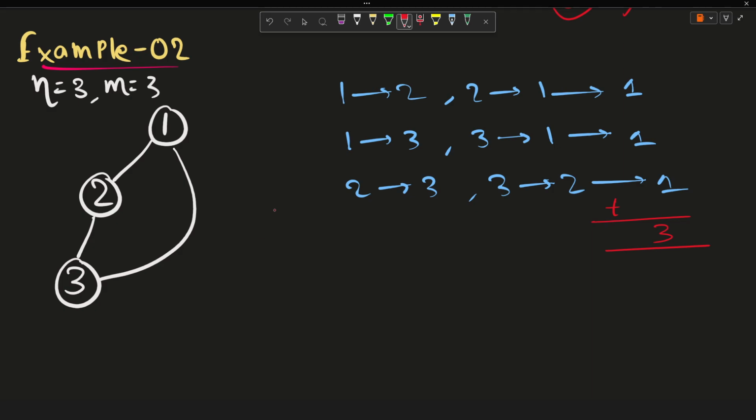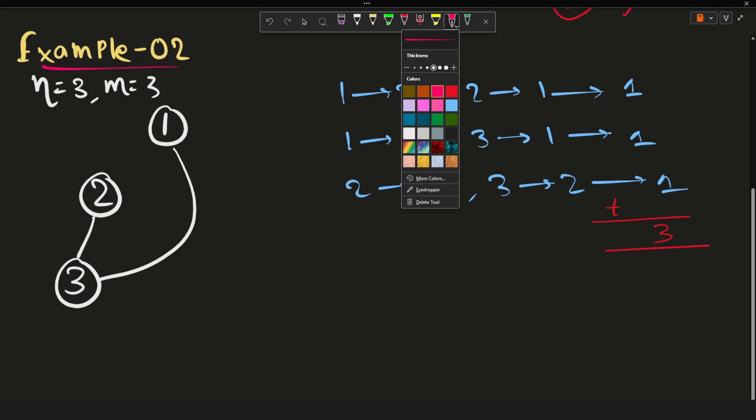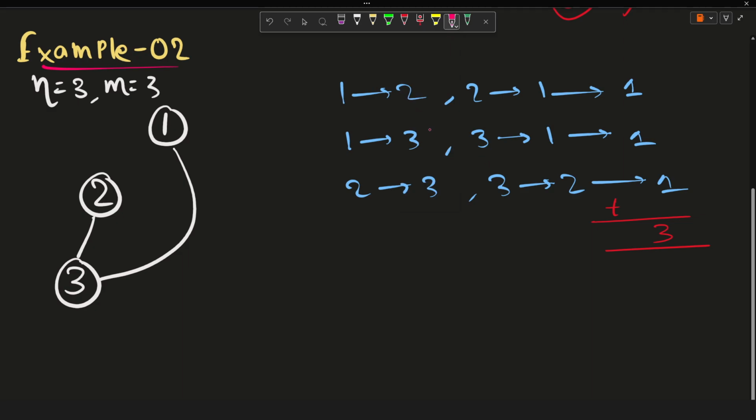But now, since the question has given me the liberty to remove at most one edge, suppose I decided to remove the edge present between 1 and 2. What will happen when I remove this edge? Let us again calculate the total pairs of vertices which are reachable from each other.